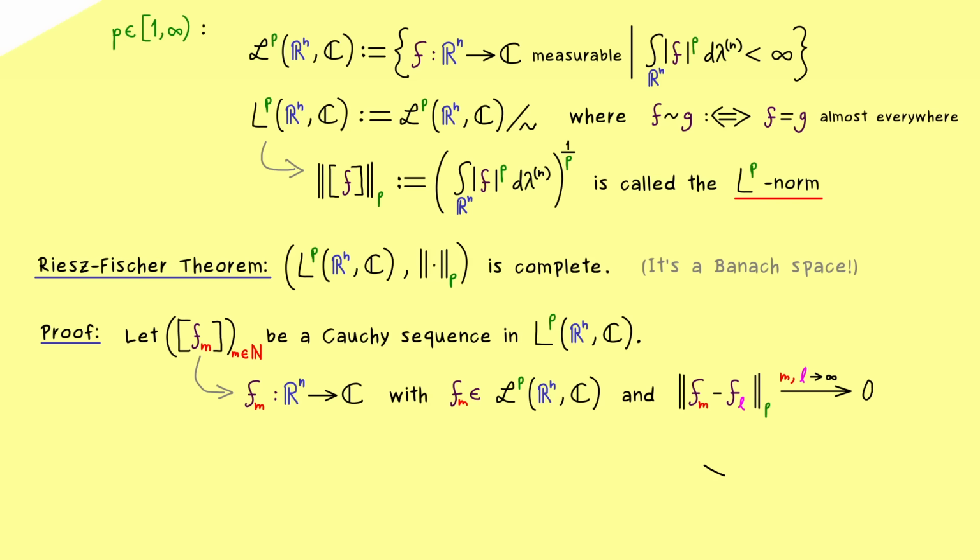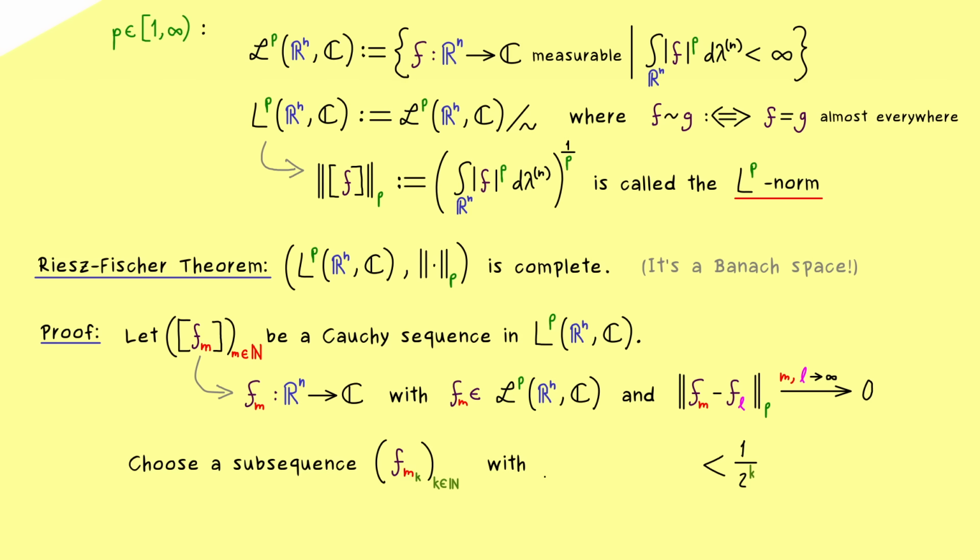And now let's say for every integer k, we want to have it smaller than 1 over 2 to the power k. We want that because we know that the sum over these numbers is the geometric series, so it has a finite value. Therefore, what we do is to choose a subsequence which we call f_{m_k}.